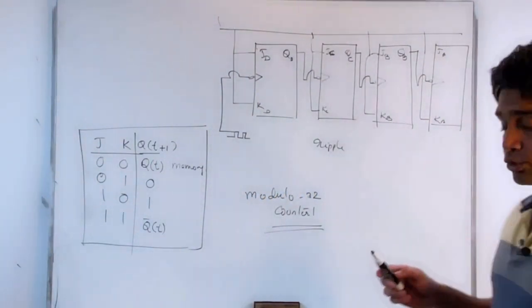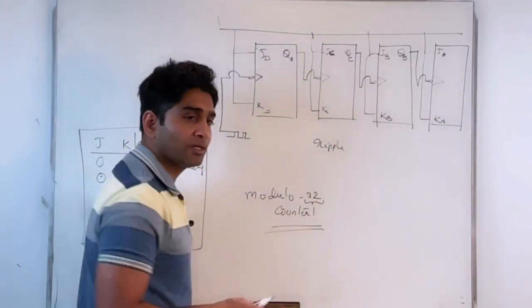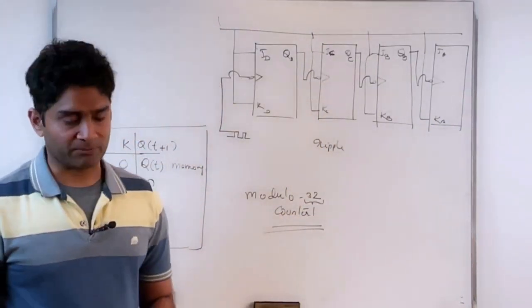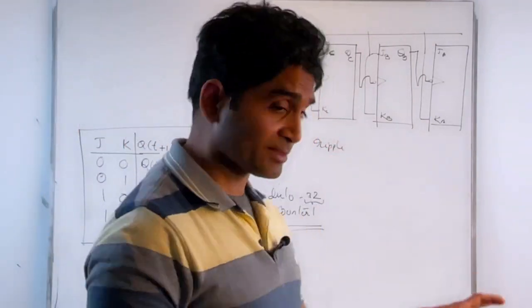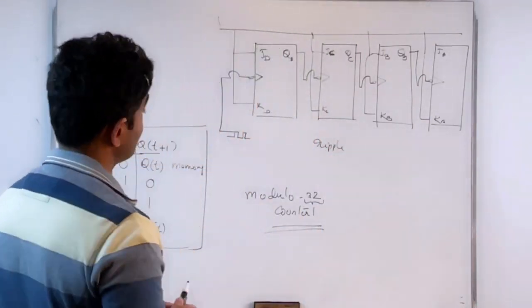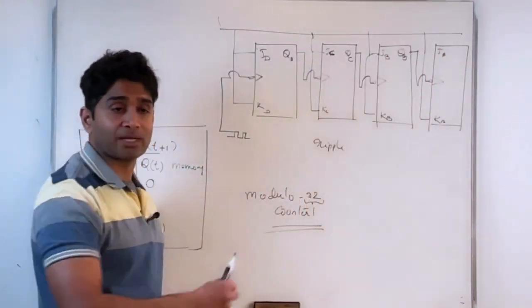Again, remember that modulo 16, the number 16, corresponds to the number of unique counts you would have. For example, this particular circuit is a modulo 16 counter. That's absolutely right. I basically add one more flip-flop, right?